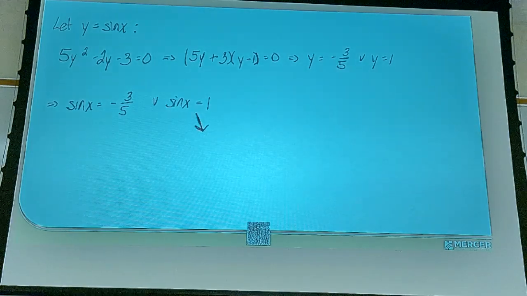Sine x being 1, that's the easy one to solve. And you can bring up the unit circle for that. That's pi over 2.